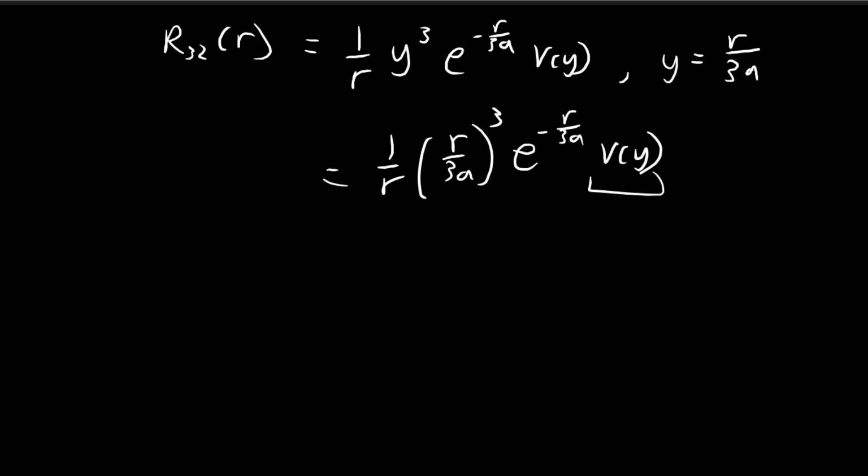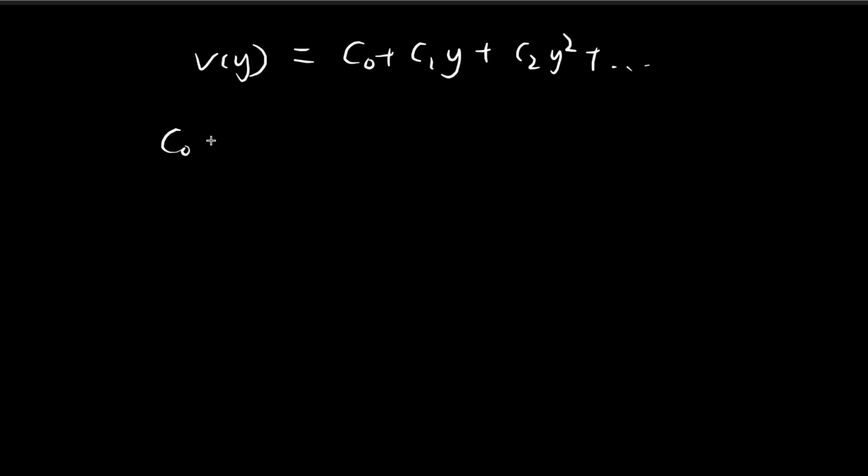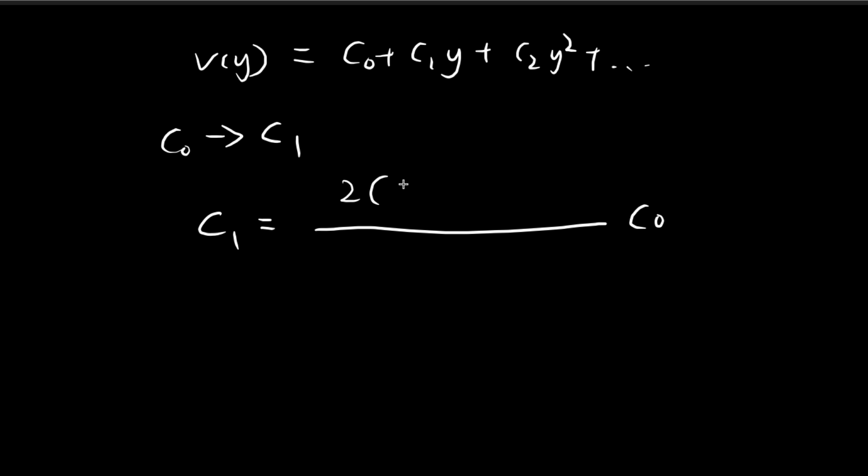So in order to find v of y, once again we consider this general expression, and we're going to start with some constant c0, and then try to obtain c1. So c1, based on the recursion formula, is equal to 2 times j plus l plus 1. In this case, our l is equal to 2, and j is equal to 0, so we have 0 plus 2 plus 1, and then minus n.